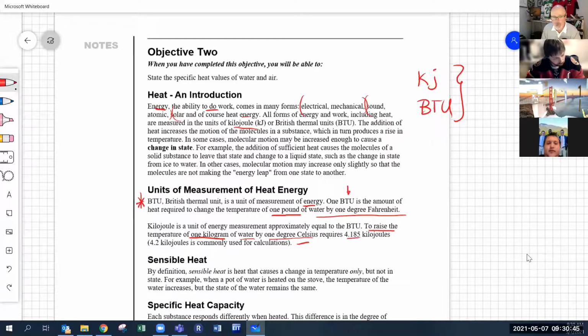It takes 4.2 kilojoules to do this. This is 1 BTU. This is 4.2 kilojoules. So there's a difference in there that you need to be concerned about. But that's the definition of a BTU. Does anybody know how many BTUs a boiler horsepower is?